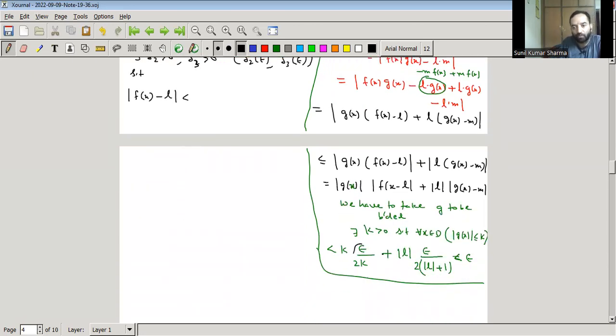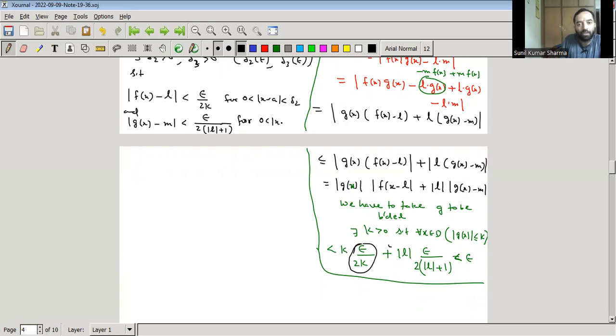We have to take epsilon upon 2k, less than epsilon upon 2k for 0 less than mod x minus a less than delta 2, and mod of g of x minus m is less than epsilon upon 2 into mod l plus 1 for 0 less than mod x minus a less than delta 3.